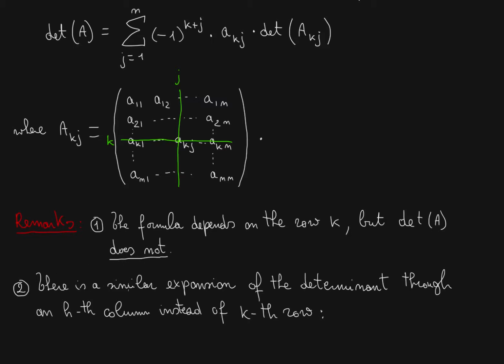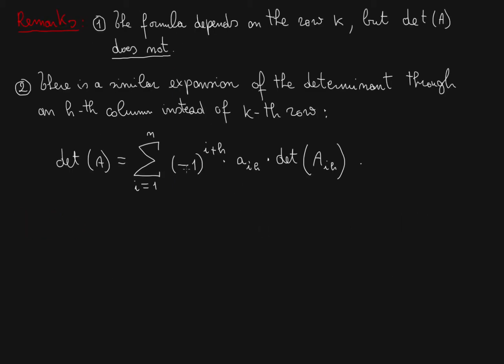And there is a similar expansion of the determinant. Instead of expanding through a row, so picking up the coefficients akj through a row, we can pick them up inside a column. So there is a similar expression of the determinant through the hth column instead of the kth row. Explicitly, the formula reads as follows.